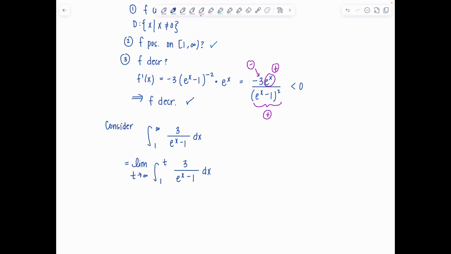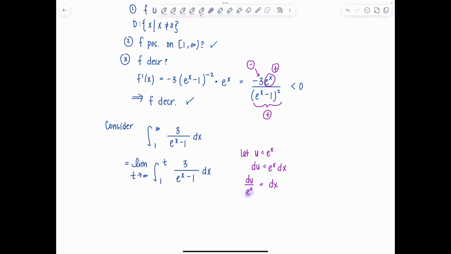So we're going to do a u-sub, but we have to be a little clever with it. I'm going to let u equal e to the x, and then du is e to the x dx. And you might say, Professor V, things are not looking good, I don't see that anywhere. And you're right. So what I'm going to do is rewrite this as du over e to the x is dx.